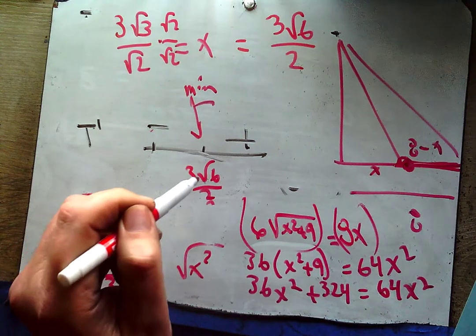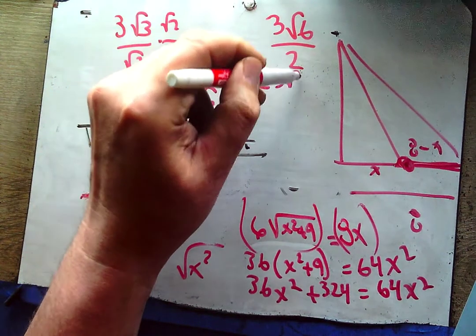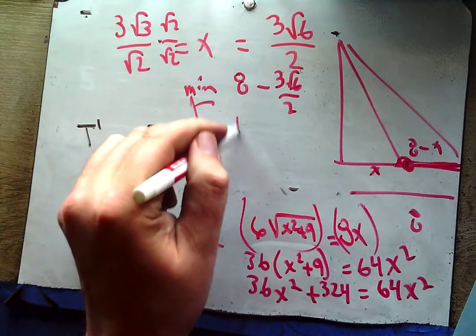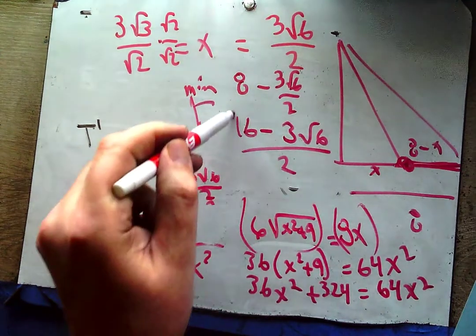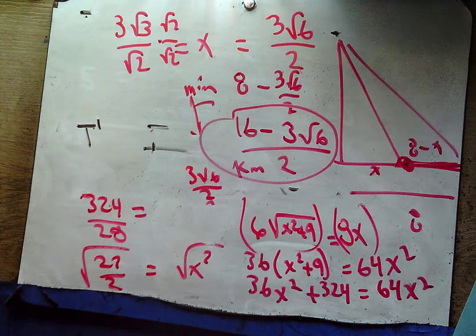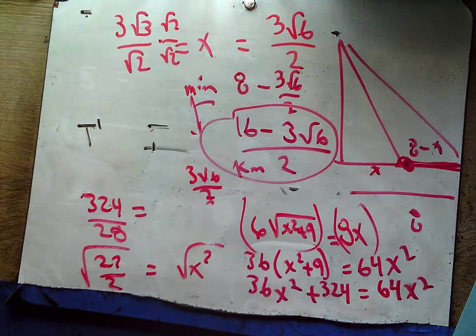So I really want to say 8 minus 3 root 6 over 2, which I guess you could do a common denominator with, 16 minus 3 root 6 over 2. So Elvis has to run this many kilometers down the beach in order to minimize time to retrieve, and don't forget to write the justification for that time.